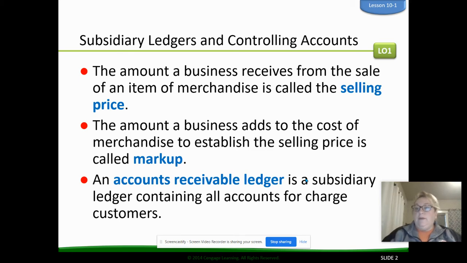So there are a couple of new accounts that are introduced in this chapter, and one of those new accounts is sales tax payable. So unlike purchases, when we're purchasing merchandise to resell, we don't pay tax on that.